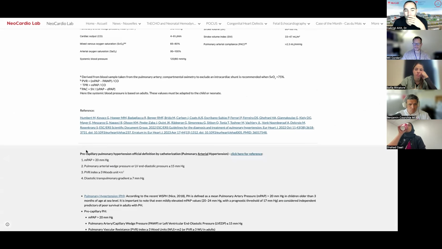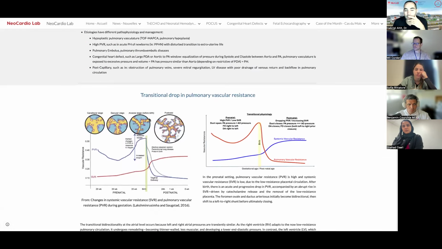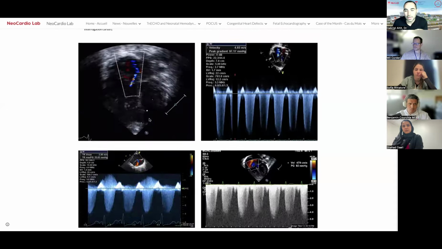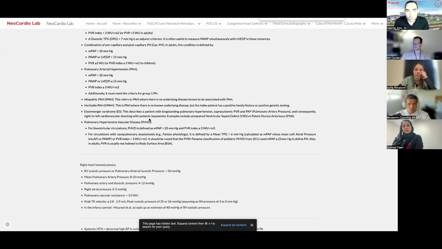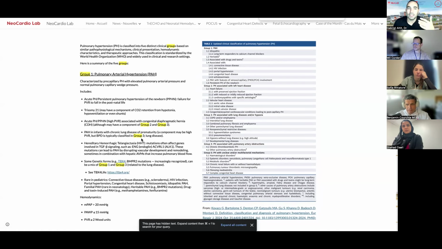But one thing that I do go over are the different criteria to talk about this combination of pre and post-cap, or isolated post-cap or pre-cap pH, which are definitions that have been standardized throughout the different pulmonary hypertension meetings throughout the years. And I do go over also the groupings that I hope we're going to be able to talk about, which is the language that today is recommended to use.